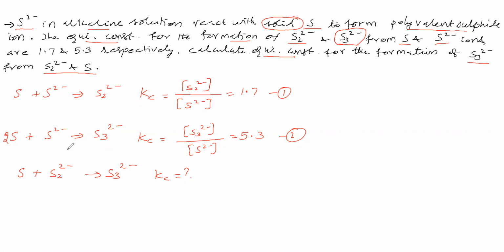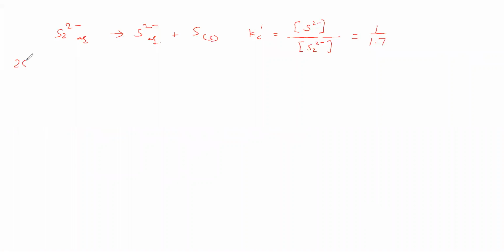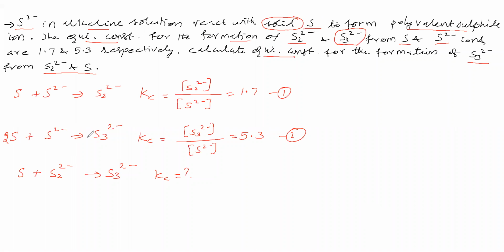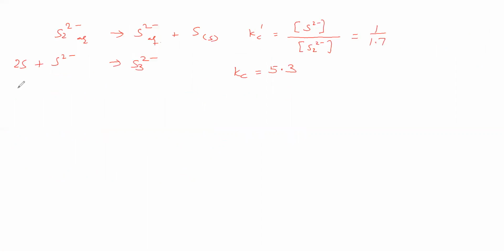What is the second equation? 2 sulfur plus sulfide gives S3 2 minus, with Kc equal to 5.3 as given. We have taken this equation as it is, so Kc is also taken as it is, 5.3.